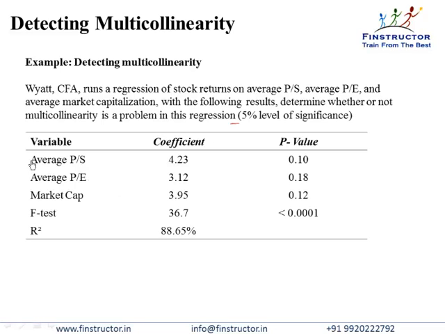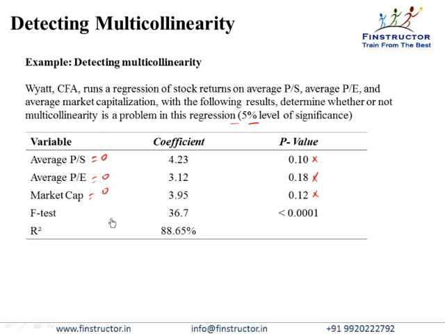If we see the individual coefficients, then at a 5% level of significance, we cannot reject this null as it requires 10%. We cannot reject this null, nor can we reject the third null. So all the individual coefficients are not significantly different from 0, as we have been unable to reject the null that each of them is equal to 0.